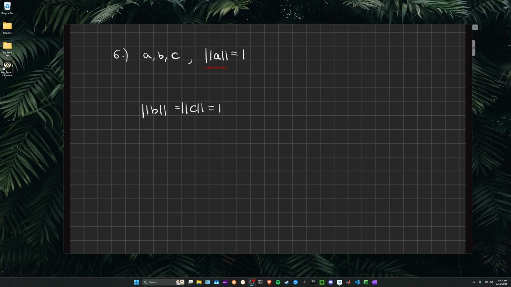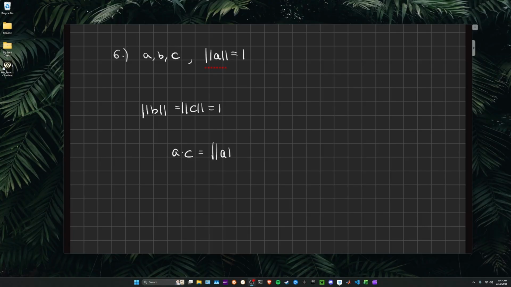And then the angle between A and C is 60 degrees, and I'm looking at the diagram from the review sheet too. So the angle between A and B, and it gives directions in the diagram, is 120 degrees. So we can just use the geometric definition of the dot product.